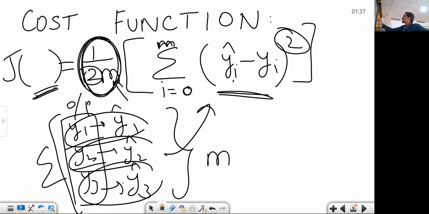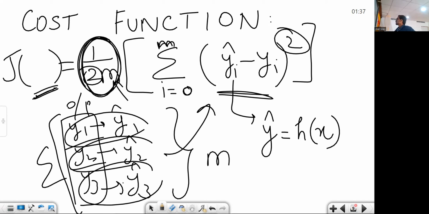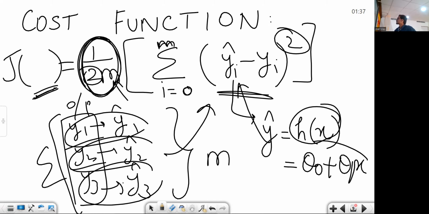Now, what is y hat? We know that y hat is nothing but our hypothesis, which is theta 0 plus theta 1 x. So instead of y hat, we can write h of x. So y hat is nothing but h of x, and h of x is this.